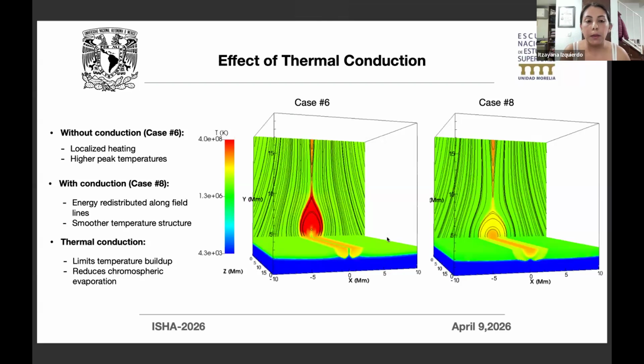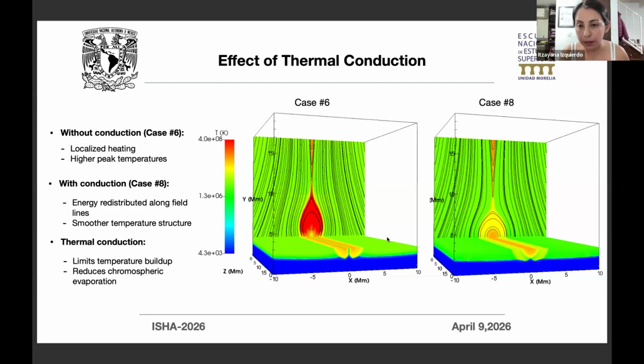The next thing that we studied was the effect of thermal conduction. Here we present 2 cases, case 2 without thermal conduction and case 8 with thermal conduction. On the left, without thermal conduction, heating is highly confined and this produces higher peak temperatures.